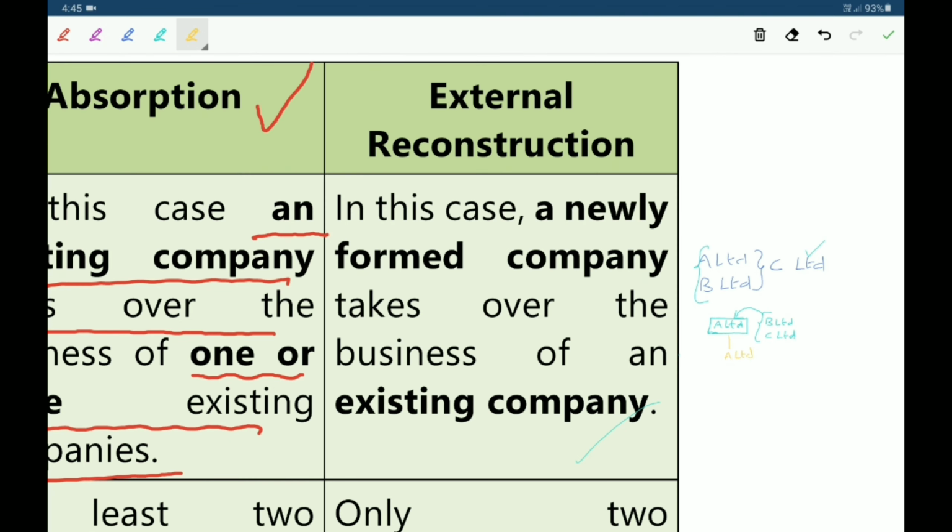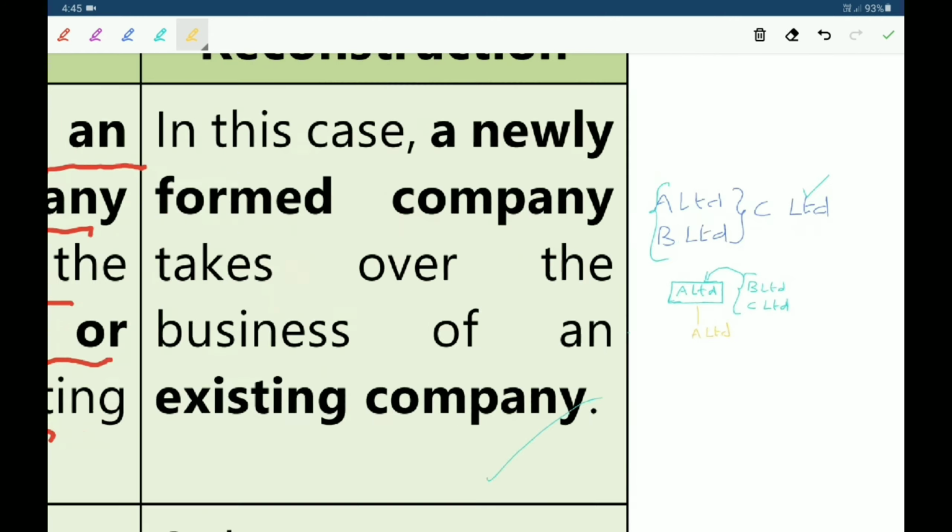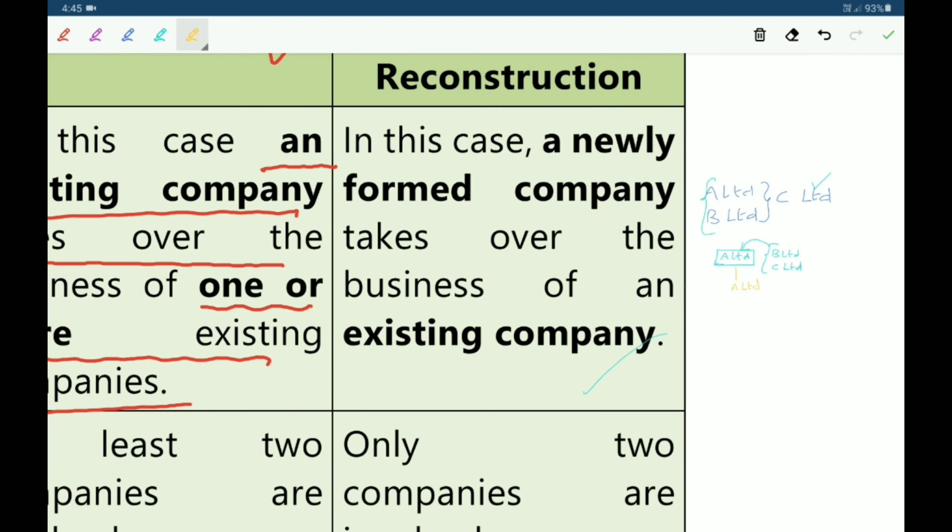Next, external reconstruction. In external reconstruction, a newly formed company takes over the business of an existing company. So there is no existing company here.